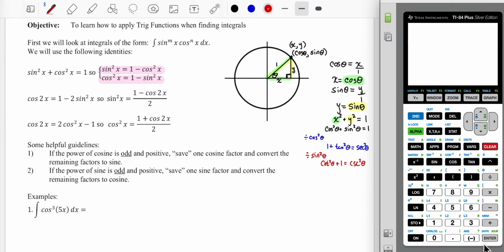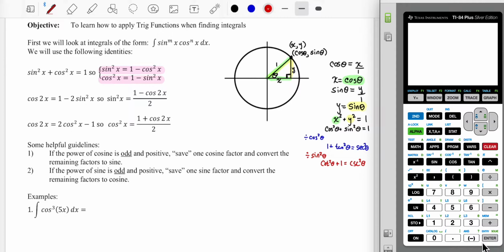This is distracting. So what we're going to do is apply some Pythagorean identities and some other identities to help us integrate. All right, and so we'll work through them, not one at a time, but in order of simplest to most complicated. How about that?